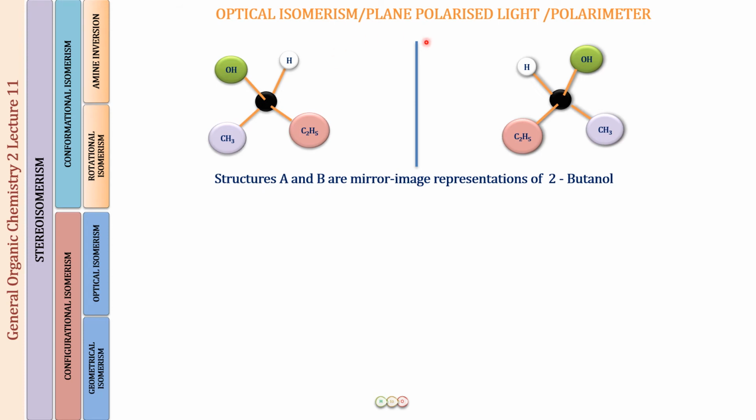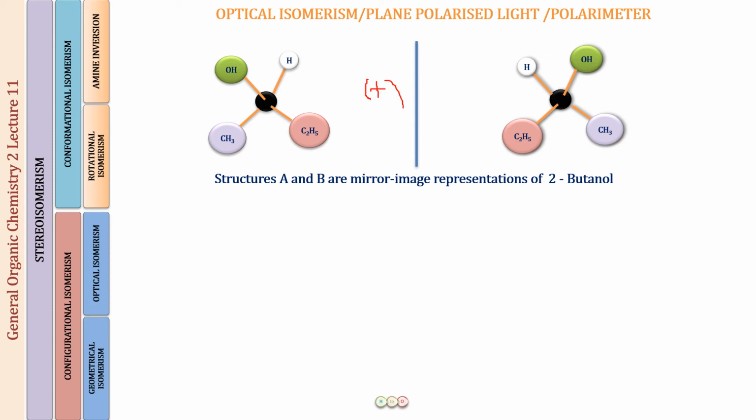But you do not know which one is going to do that unless you put them in the polarimeter. Once you put this compound in the polarimeter, you will be able to find whether it is rotating the plane polarized light in the clockwise direction or in the anti-clockwise direction. So supposedly it is rotating it in the clockwise direction, so we will denote it by a plus sign.